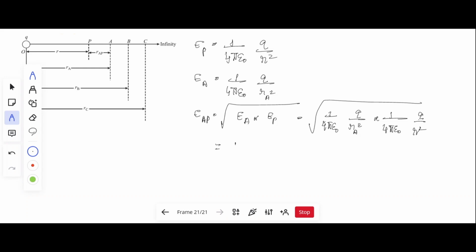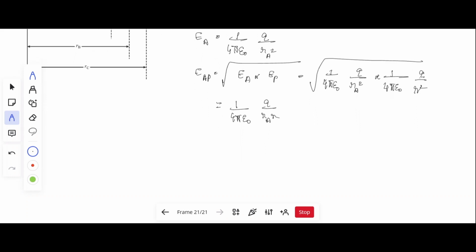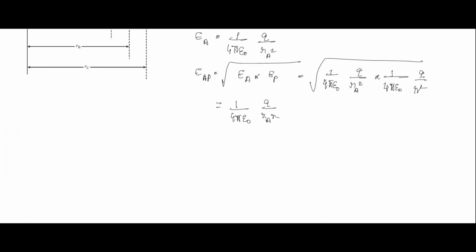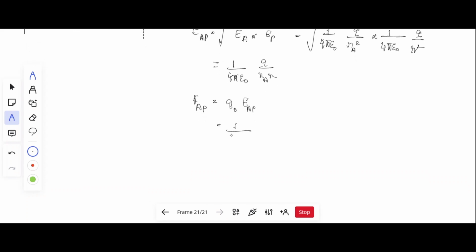So, taking the square root, we get 1 by 4 pi epsilon naught Q by RA into R. So, with this, we can calculate the magnitude of force experienced by a test charge Q0 over this region will be FAP, which is equal to Q0 times EAP, which is 1 by 4 pi epsilon naught Q Q0 by RA into R.